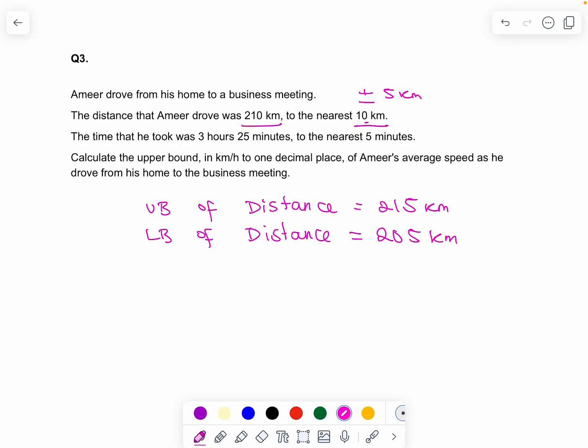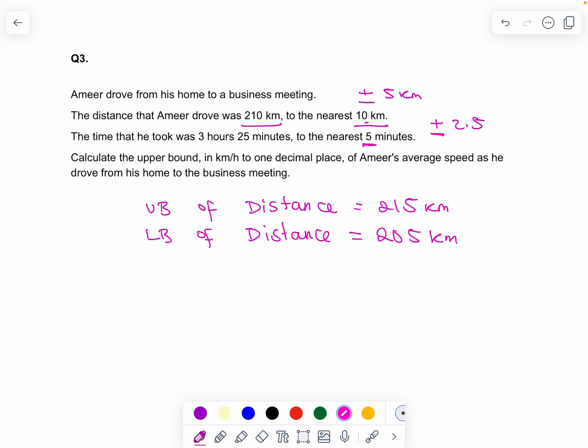The next bit was a bit tricky because we've got the time in hours and minutes, and we need to find the upper bound in kilometres per hour. And so what I would do is first of all realise that my upper and lower bounds, I've got a half of 5. So that means my upper bound must be plus 2.5 minutes and my lower bound must be take away 2.5 minutes.